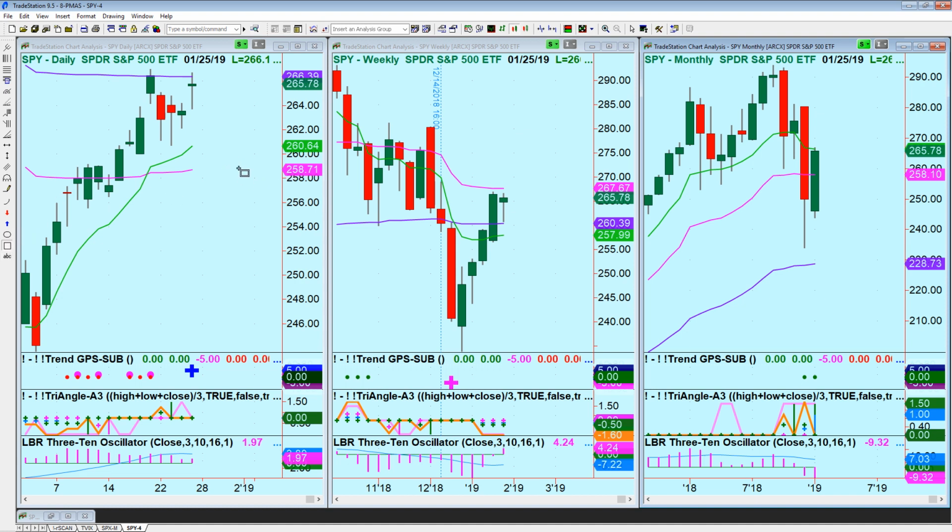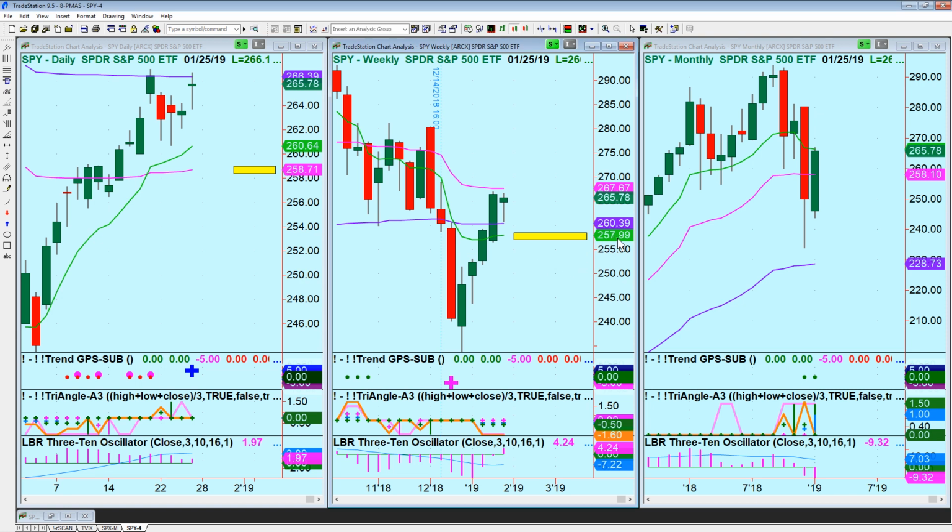On the daily chart, the value for the medium line, the pink one, is 258.71. Everybody see it? I'm putting a yellow rectangle next to the value to draw your attention to it. Now the middle one is the weekly chart. What is the value of the green line on the weekly chart?